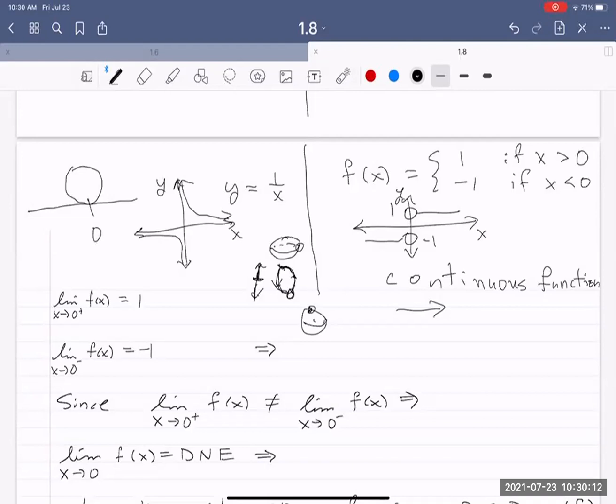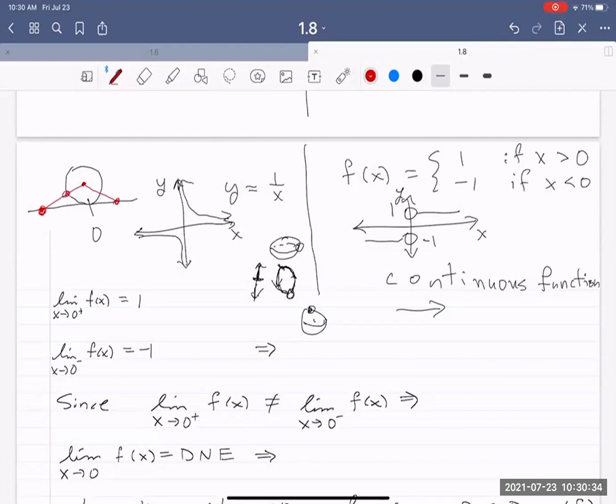Now, I can take a point, let's do it in red. I can take this point here and go to any other point on the line, and take a line that goes here.